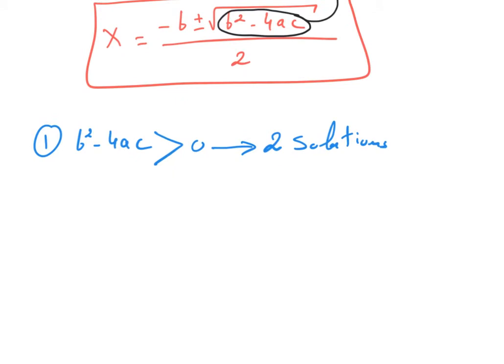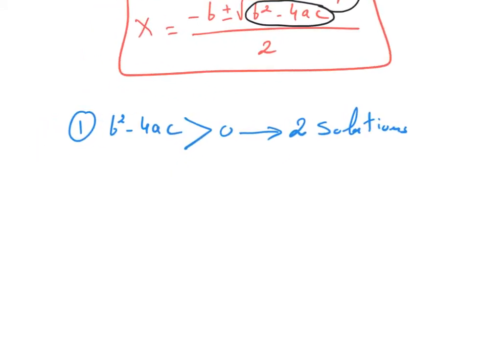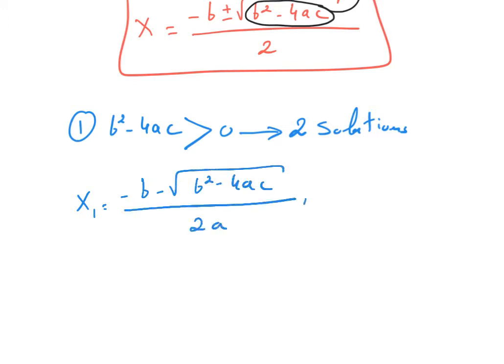The first solution, let's call it x1, is going to be negative b minus the square root of b squared minus 4ac over 2a. And the second solution, x2, is going to be negative b plus the square root of b squared minus 4ac over 2a.